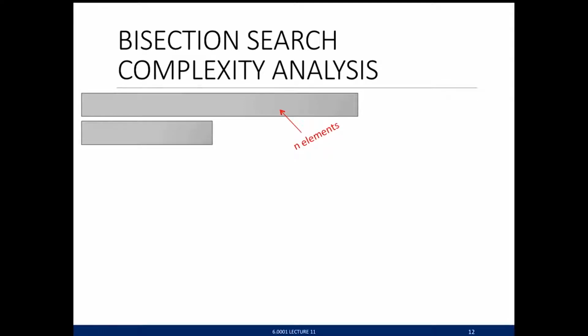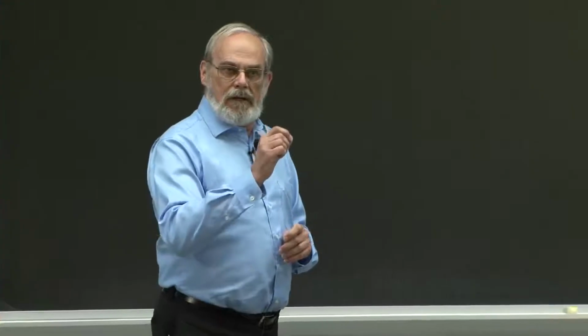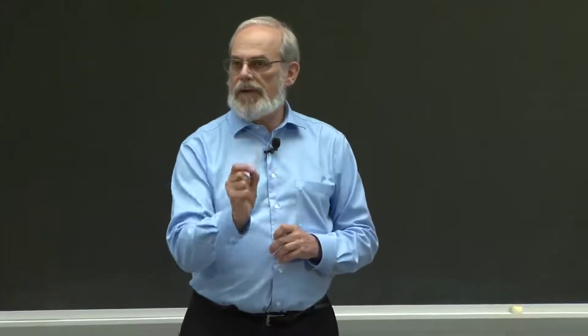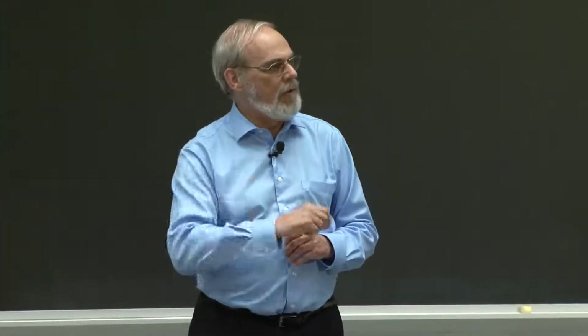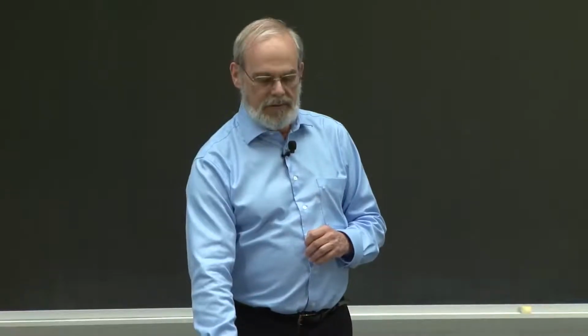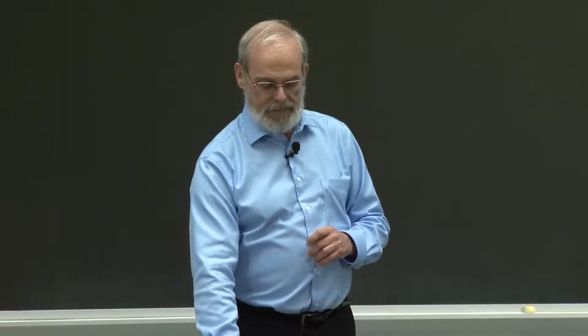I'll do the same thing. I'll look at the element in the middle here, and I'll say, is it the thing I'm looking for? If not, is it bigger than or smaller than the thing I'm looking for? Again, I'm down to n over 2 elements. After I do that, I throw away half the list again. In this case, I'm assuming that the thing I'm looking for is bigger than that middle point. Until I find that at each step I'm looking at the middle element, and I'm either throwing away the left half or the right half of that list.